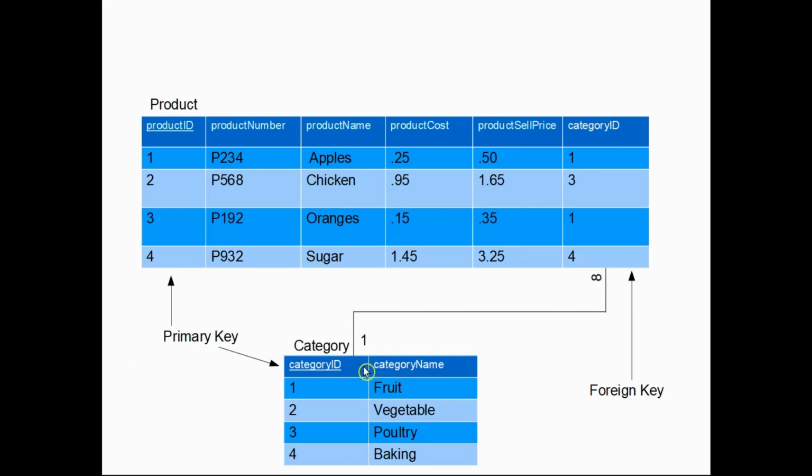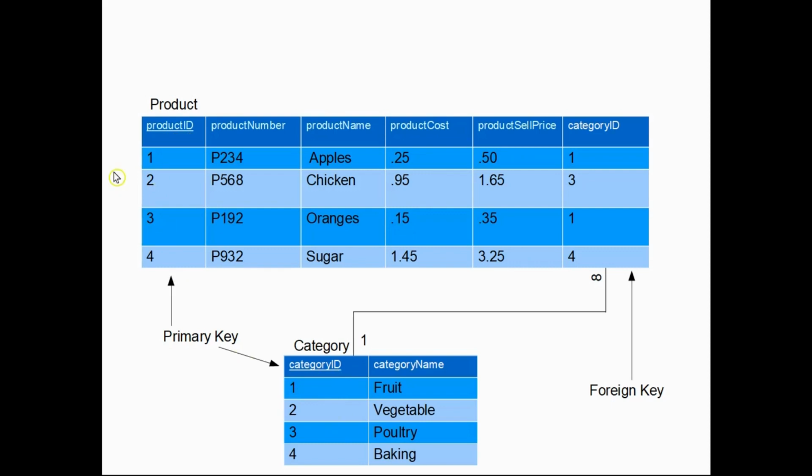This is why they're called relational databases, because all the tables are related to each other in some manner. What I want to point out is the product ID column in this table, and in the category table we have a column called category ID. Notice I've underlined the column names.